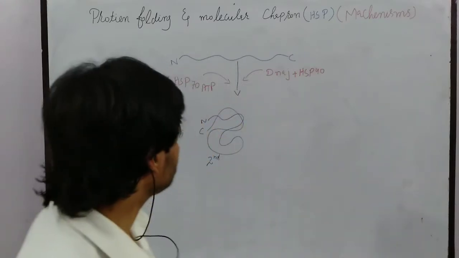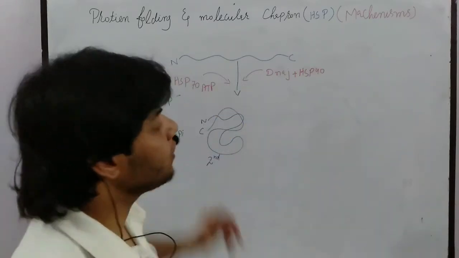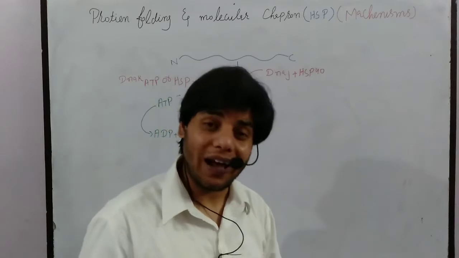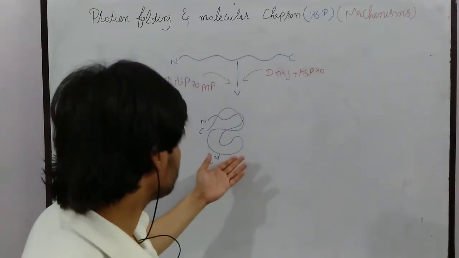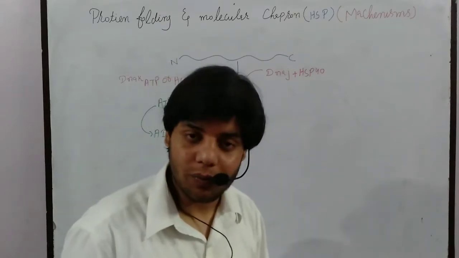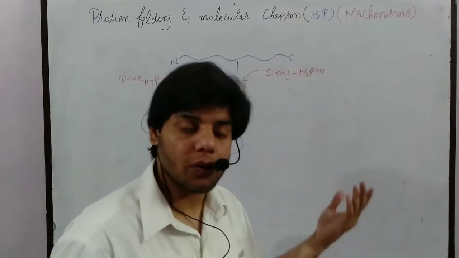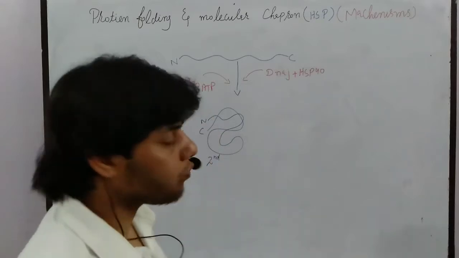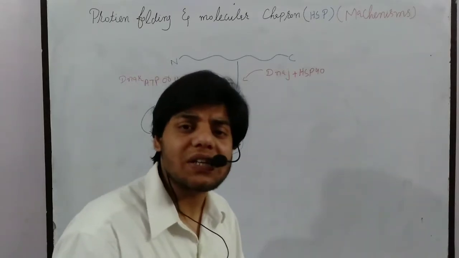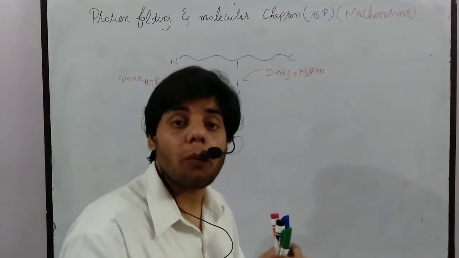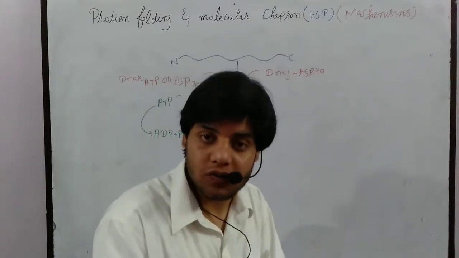But sometimes these two molecular chaperones fail to perform their function, and somehow we get the secondary structure of the protein, or tertiary or quaternary, whatever you want to say. We get a folded form of the protein, but this folded form still doesn't have any function.